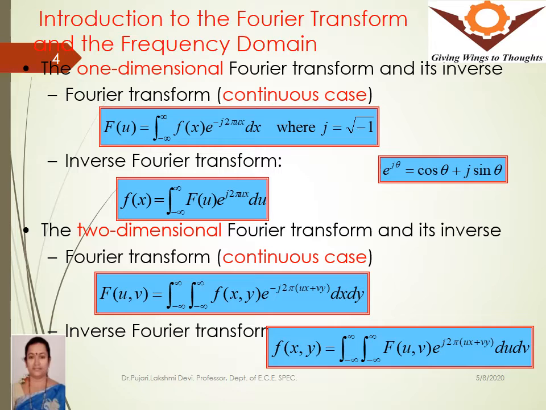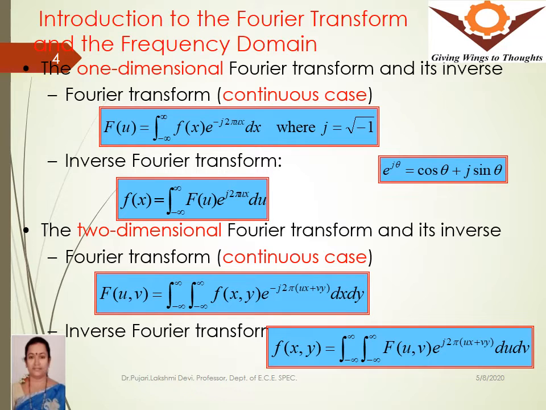Now let us go to the images point of view, where an image is represented as a two-dimensional function. So, the two-dimensional Fourier transform and its inverse for the continuous case, how can we represent it? Similarly, we will see the discrete case in image processing.